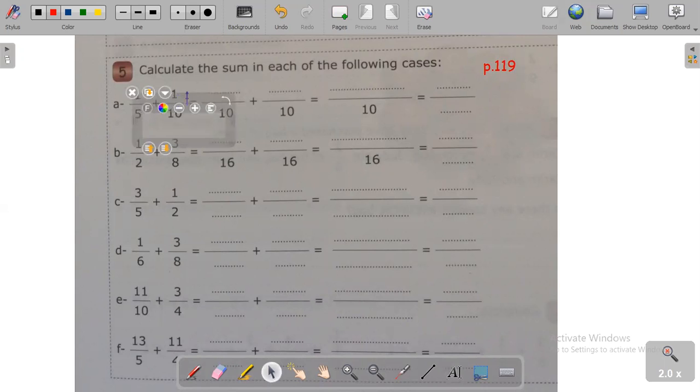So we multiply the 5 by 2 to get 10. And we multiply the numerator also by 2 because we multiply the denominator and the numerator by the same number.